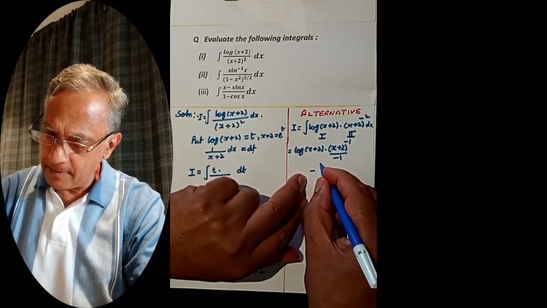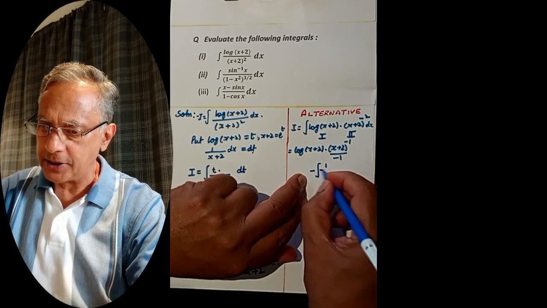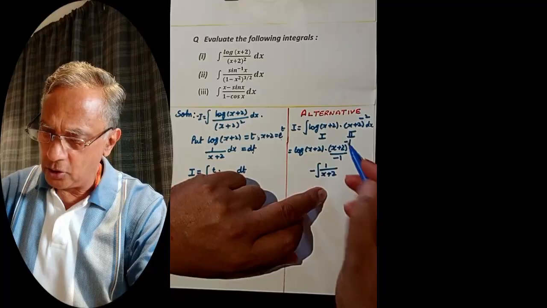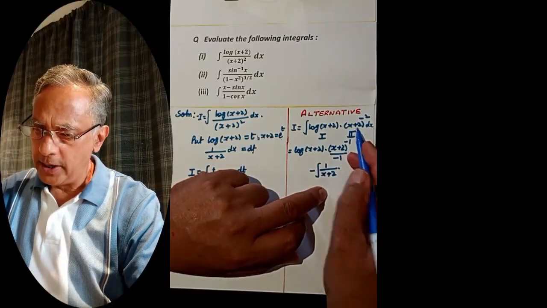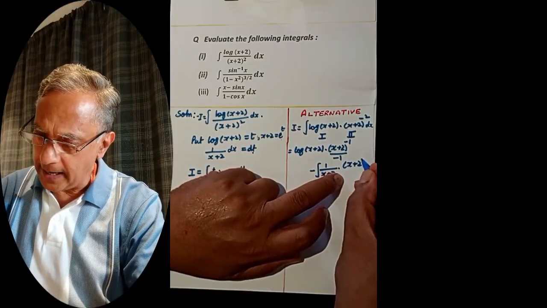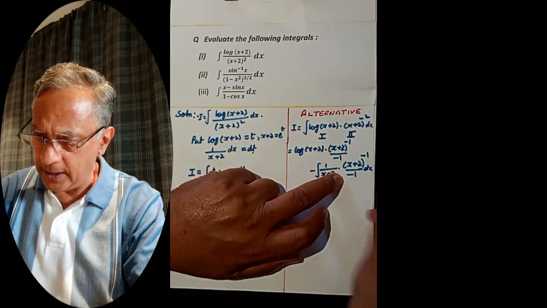Minus the integral of differentiation of first. Differentiation of this is 1 over x plus 2, into integration of this, so x plus 2 to the power of minus 1 over minus 1 dx.